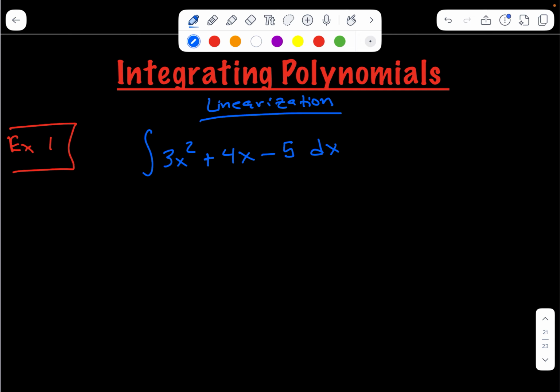And what linearization means is we can treat each term individually and then just add them up at the end.